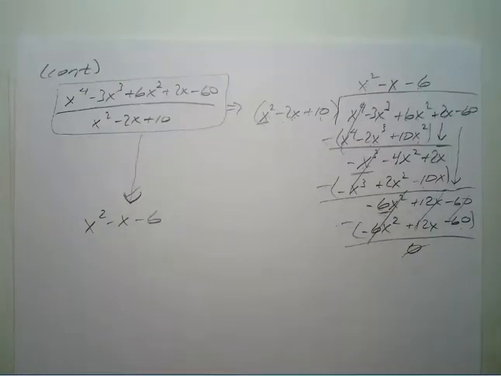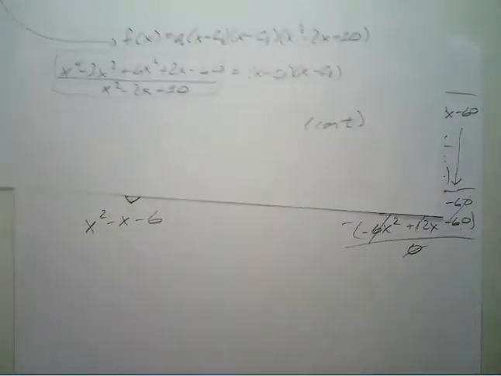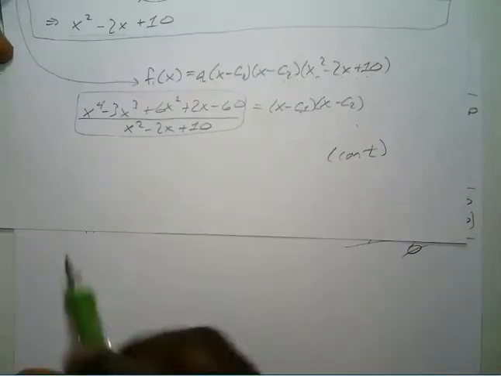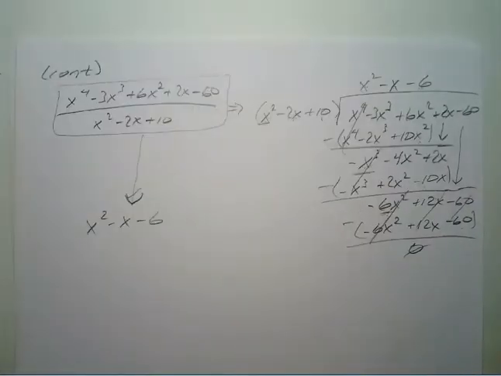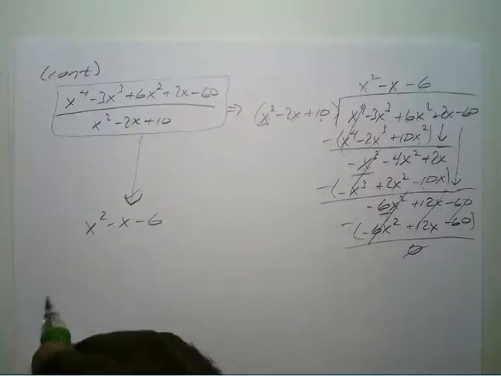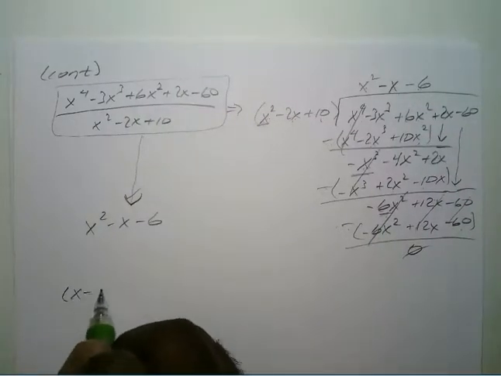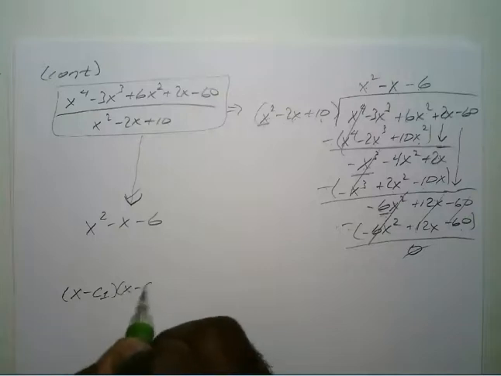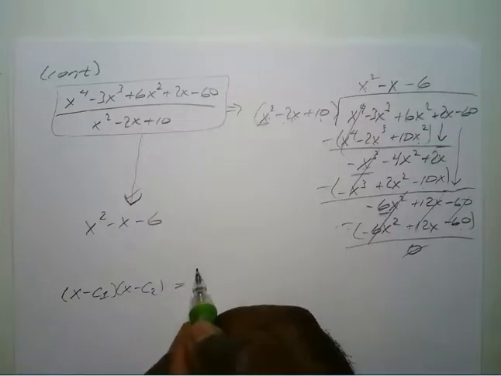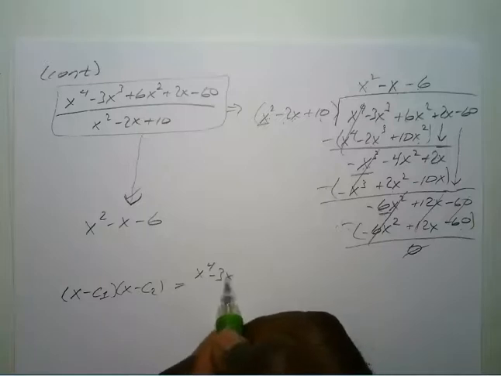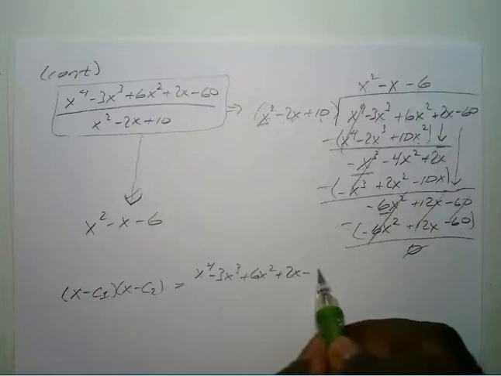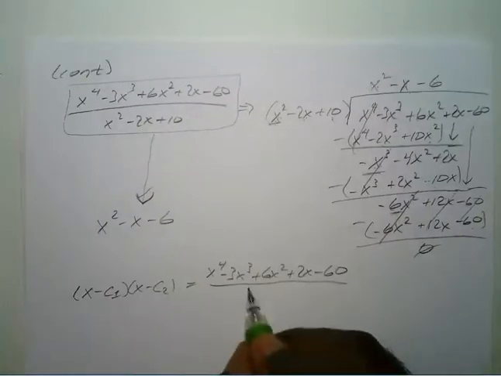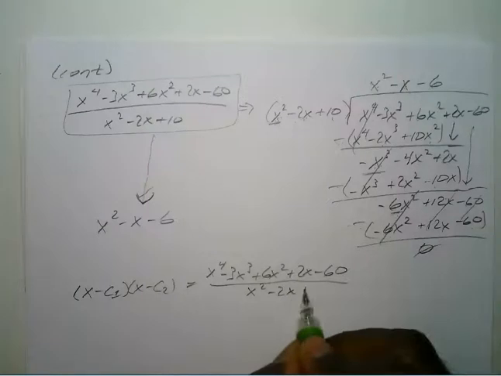Okay, so going back to the previous page, just where we left off. I'm just going to rewrite this part here. We know that x minus c sub 1 times x minus c sub 2 is equal to x to the fourth minus 3x to the third plus 6x squared plus 2x minus 60 divided by x squared minus 2x plus 10.